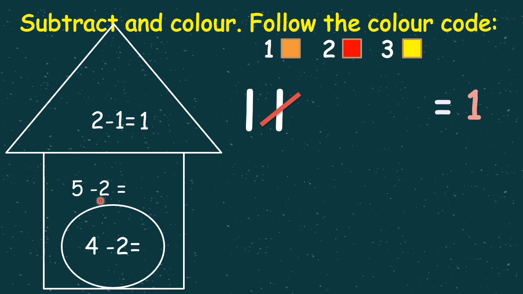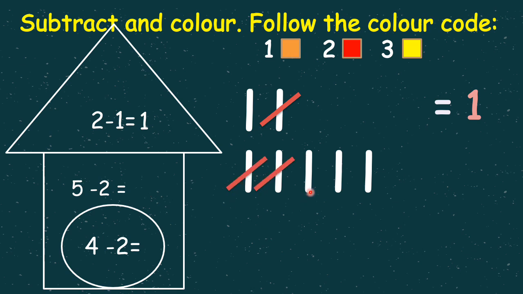So you see number 5 and then you see minus 2. 5 minus 2. So how do we do that? Draw 5 lines. 1, 2, 3, 4, 5. So how many should you cross? You need to cross 2. So minus 2 means you need to cross 2. So shall we cross 2? 1, 2.